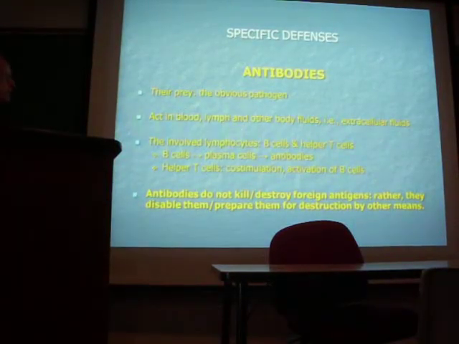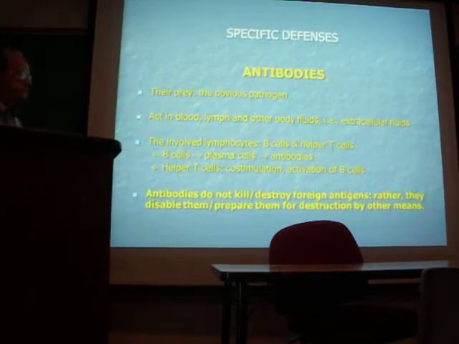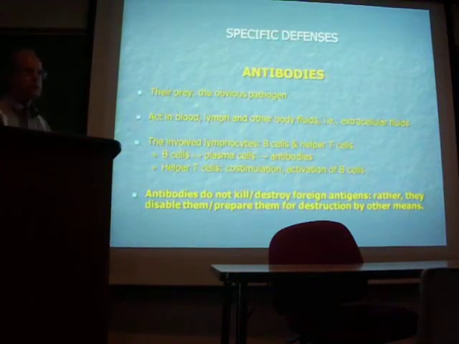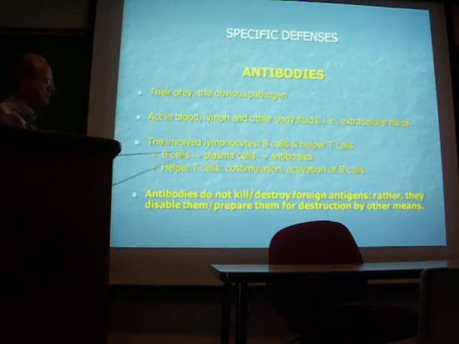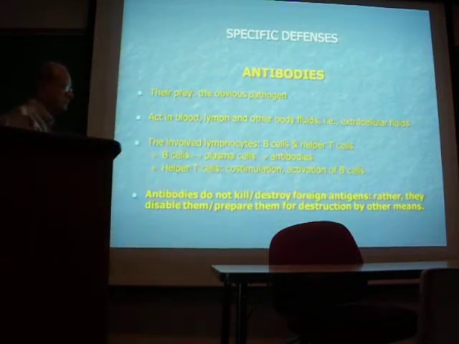So, antibodies go after the obvious pathogen. They act in body fluids, blood, lymph, any other body fluids. The lymphocytes that are involved are B cells and helper T cells.